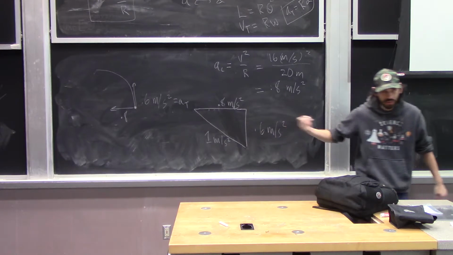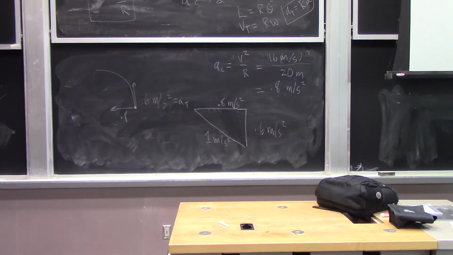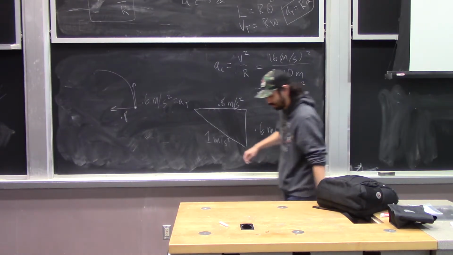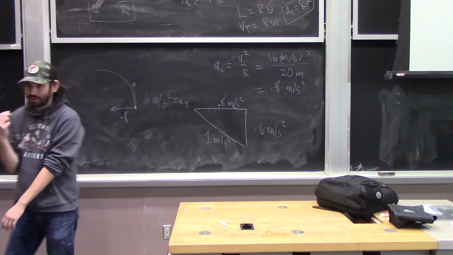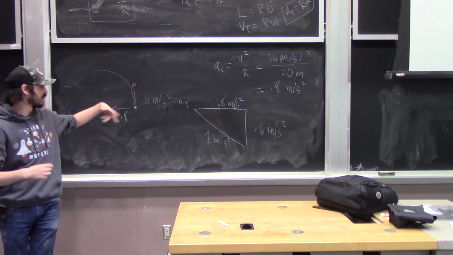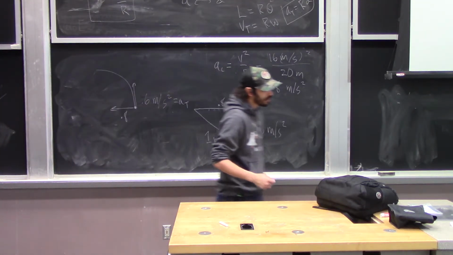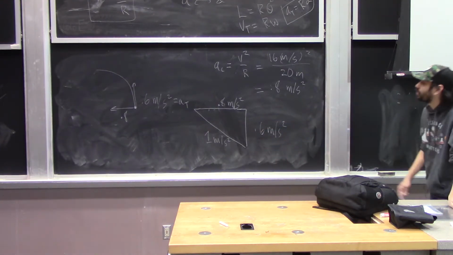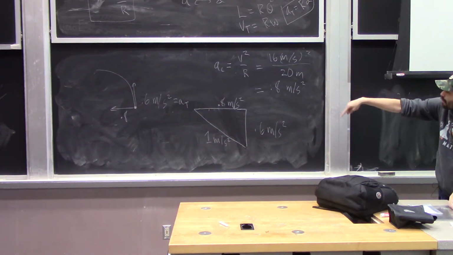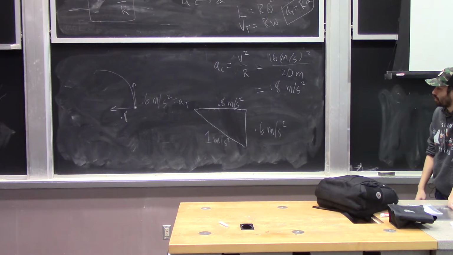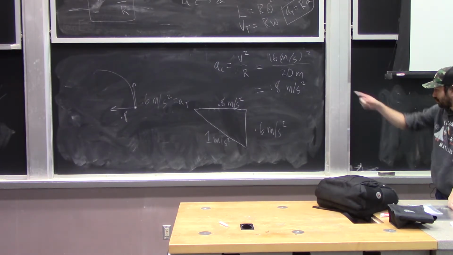Now, something that you'll notice about this is that this is what's called a Pythagorean triplet. A Pythagorean triplet is a set of numbers that satisfy the Pythagorean theorem such that each one of the numbers is a whole number. To see why that's true here, we can manipulate this to really look like a Pythagorean triplet.